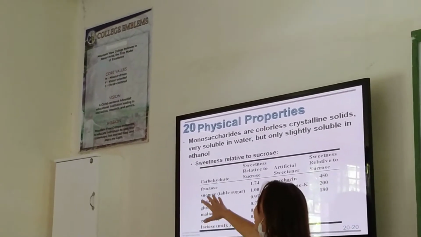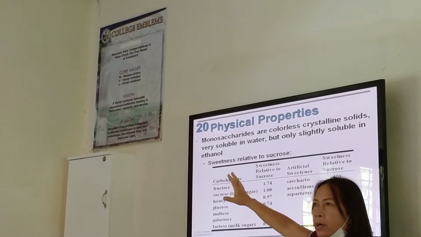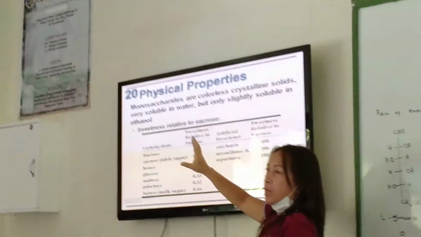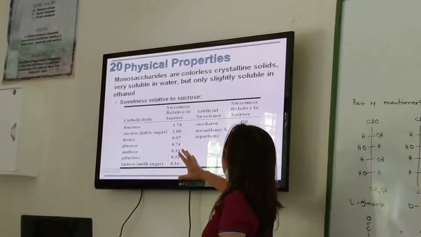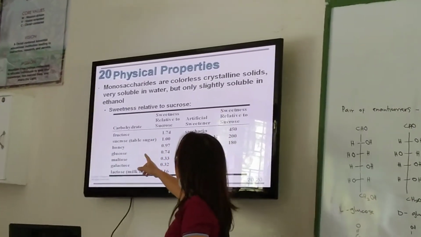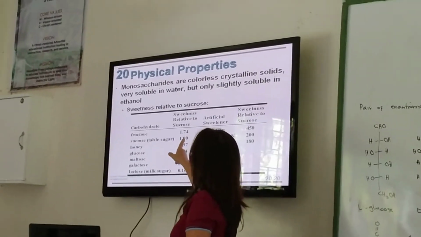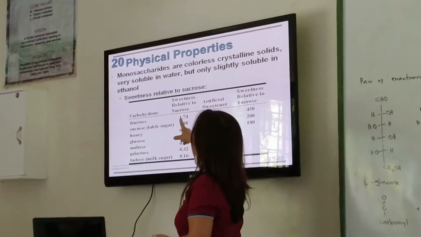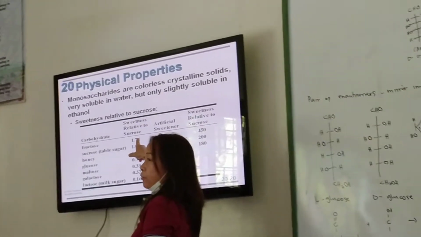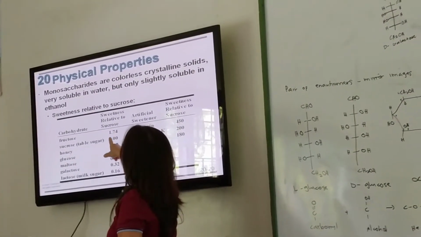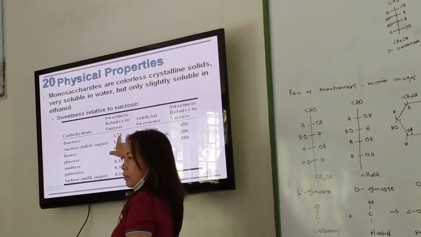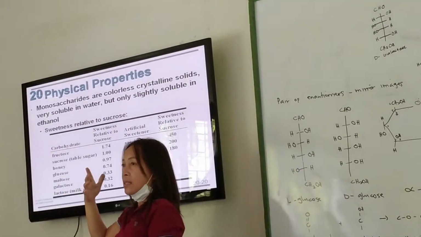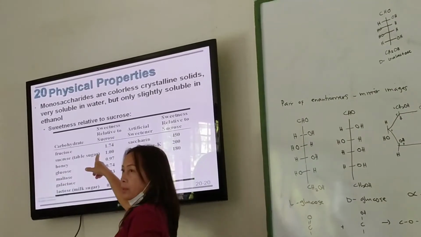The sweetness of these sugars is quantified based on the sweetness of sucrose. Of course, we have the sucrose, our table sugar. We have 1. How about our fructose, our fruit sugar, we have 1.74. So it's almost half as sweet as that of our table sugar.